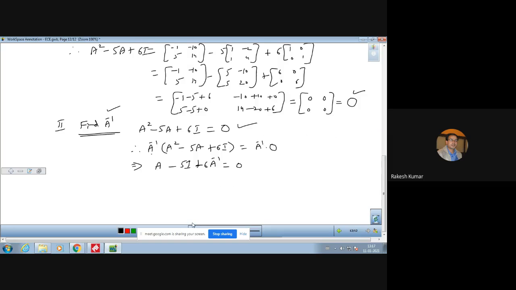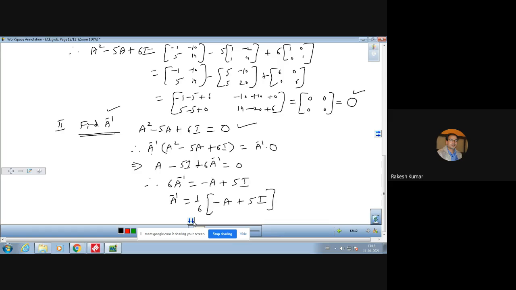Now what comes out is 6 A inverse, and on the right-hand side this should be negative A plus 5I. You simplify: this 6 can be taken to the right-hand side, and that is minus A plus 5I.